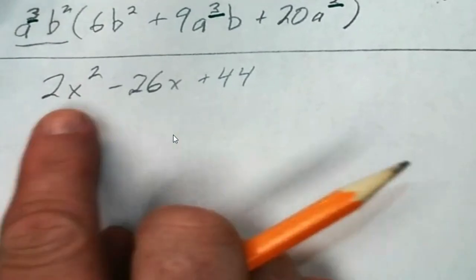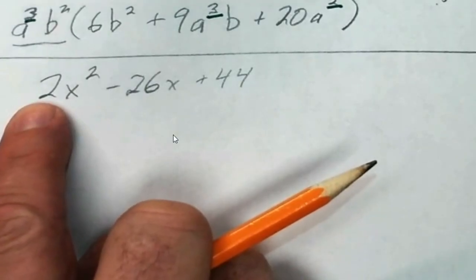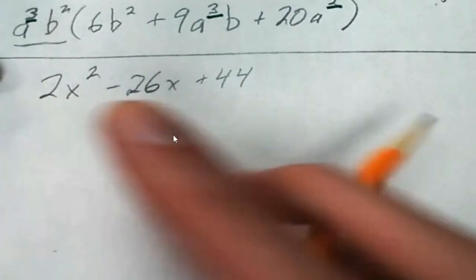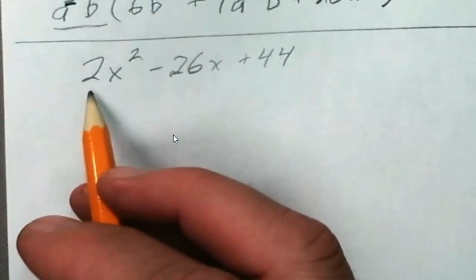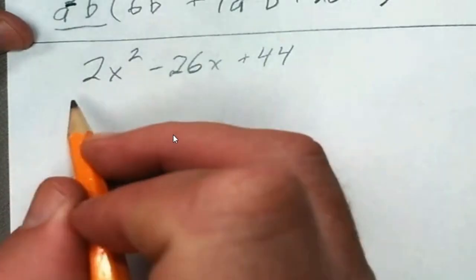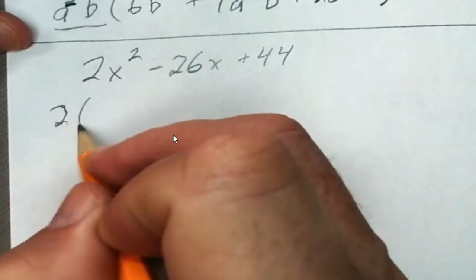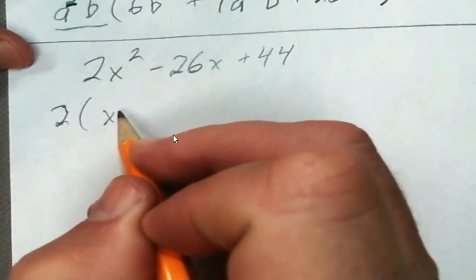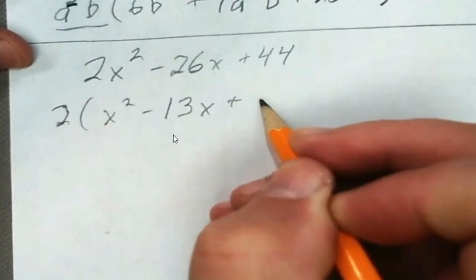Well, yeah, they're all evenly divided by 2, right? 2 has only the factors 1 and 2, so we don't have to really write out all these lists because we know 2 is the only number we have a chance with. And these are all even numbers. They will divide by 2. So we know we can first off pull a 2 out, which leaves this as x squared minus 13x plus 22.